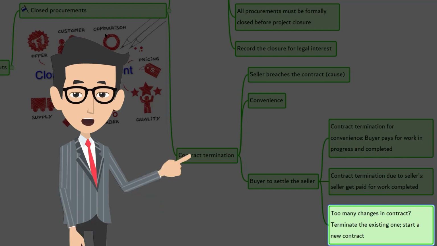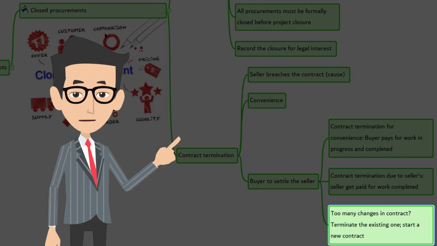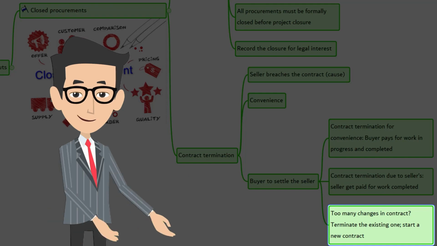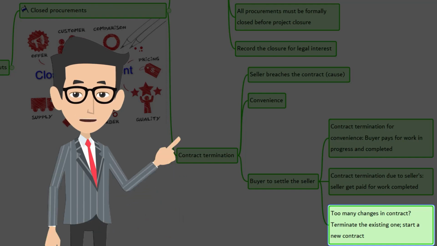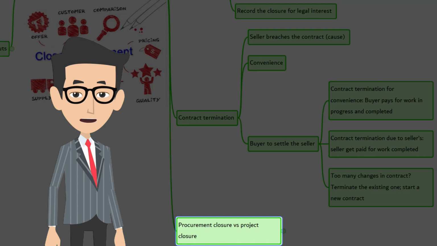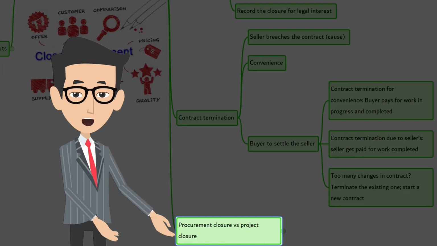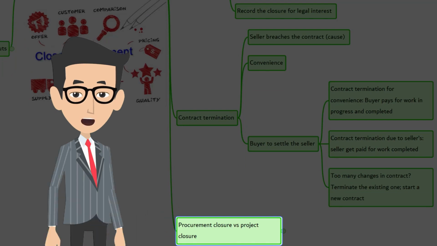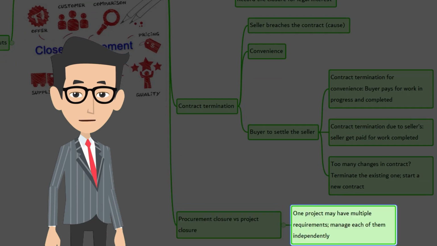Now, let's try to answer the age-old question: the difference between procurement closure and project closure. One single project may have multiple requirements depending on the need, right? Each requirement must be closed once it is fulfilled. Agreed? Let's say in our construction project during the foundation phase, to prepare the foundation, you may procure a special kind of brick and cement.